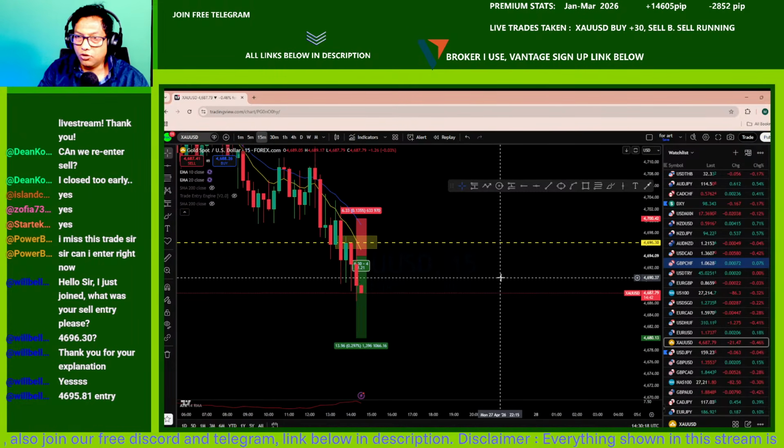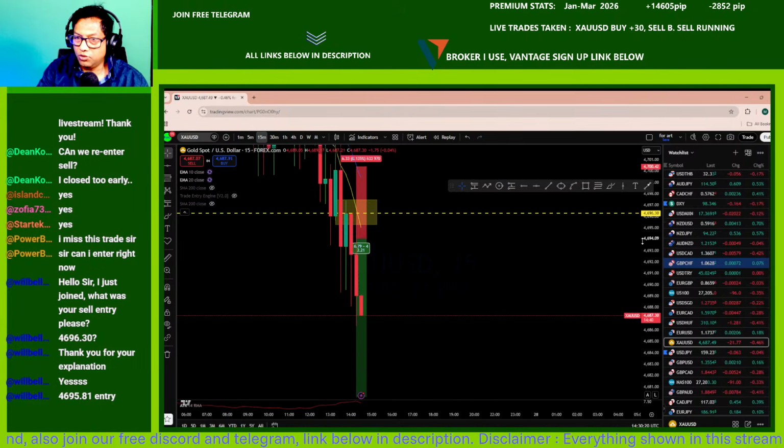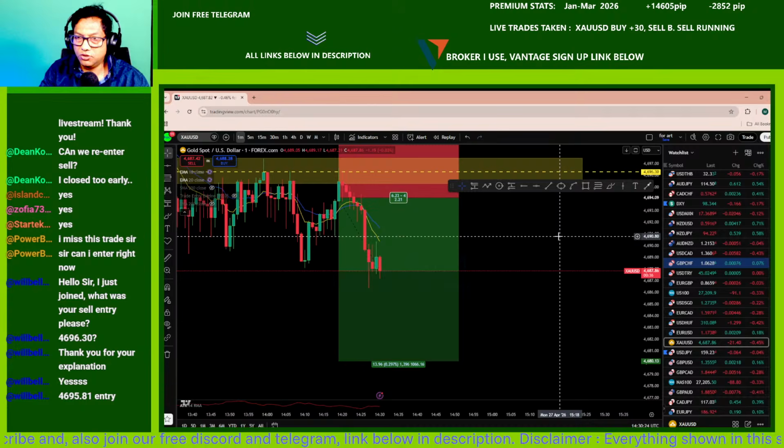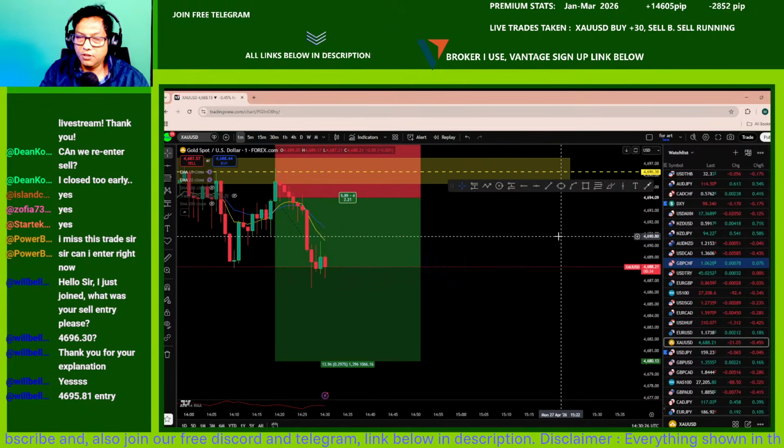A pretty long bearish engulfer has formed, and it has liquidity as well. So that's showing that the market tends to remain bearish here.